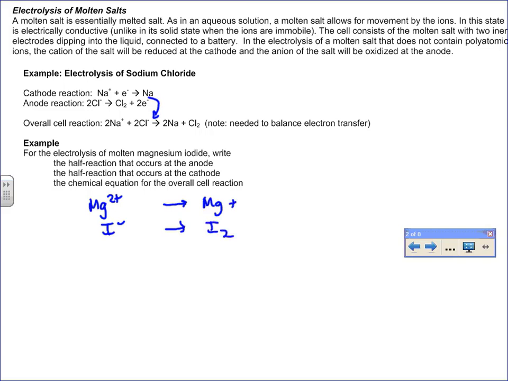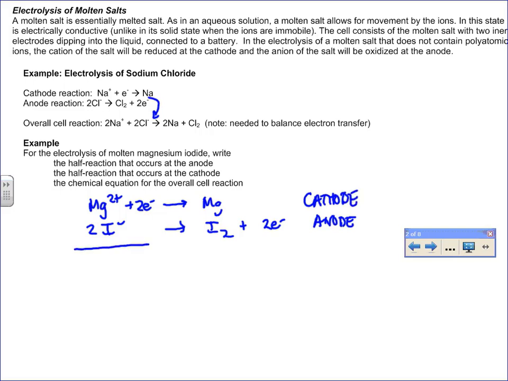And so you can see that the reaction that is occurring here is one where the magnesium is being reduced, and the iodine is being oxidized. So the reaction that's occurring at the anode is the iodine reaction, and the reaction that's occurring at the cathode is the magnesium reaction.